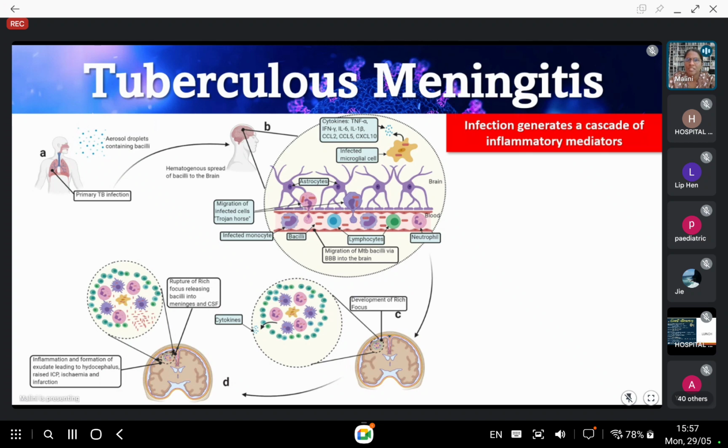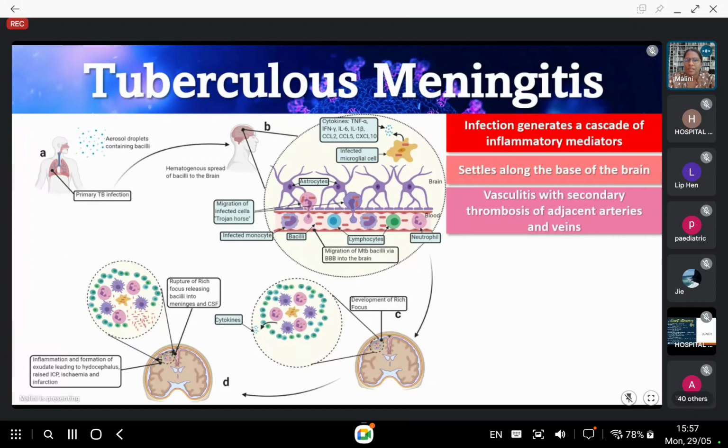The infection generates a lot of inflammation, and everything settles at the base of the brain because the mycobacterium is rather large and heavy. And as you know, the base of our brain has our circle of Willis and a lot of the important arteries that provide blood supply to most of our brain, and we have vasculitis of these vessels due to the exudates that settle there, and thrombosis.